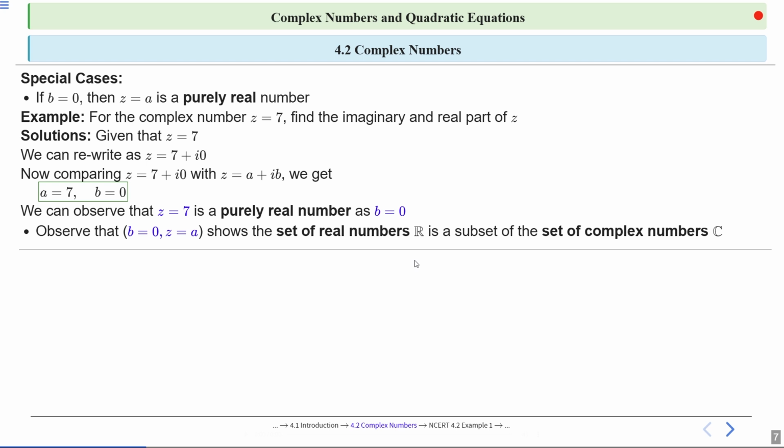When b equal to 0 and z equal to a, we are really just talking about real numbers. This means the set of all real numbers, which we call R, is actually a subset of the set of complex numbers, which we call C. So every real number is also a complex number with 0 imaginary part.